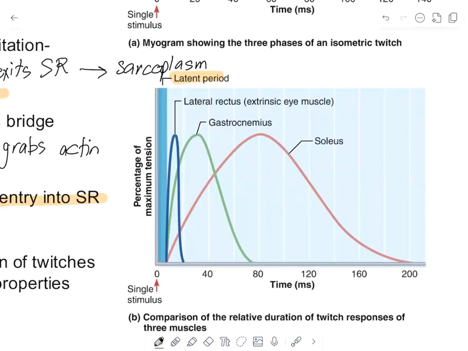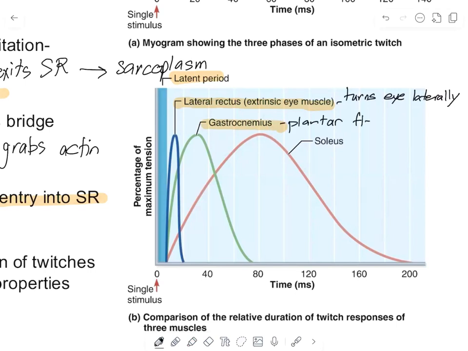So the first one is what's called the lateral rectus muscle, which we'll learn about later on in the semester, but it's responsible for turning the eye laterally. So it's going to have a very small motor unit, kind of like the orbicularis oris that I just mentioned. The next muscle is the gastrocnemius, which is in the calf. And you will have to know this in the next chapter.